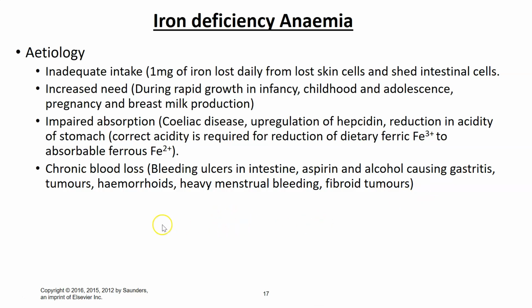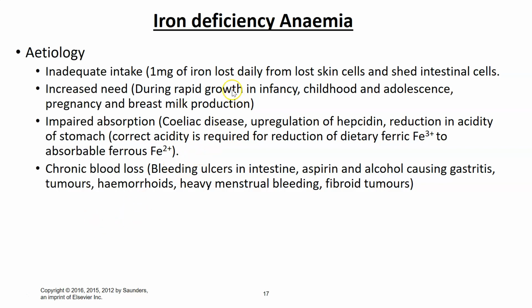So, tumors, hemorrhoids. These are blood vessels in the large intestine, in the rectum. And heavy menstrual bleeding, fibroid tumors, all these things can be causes of chronic blood loss.